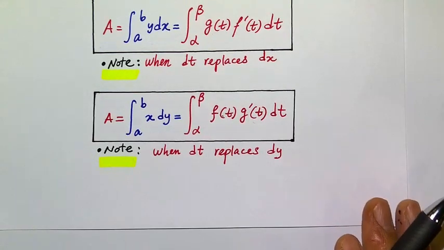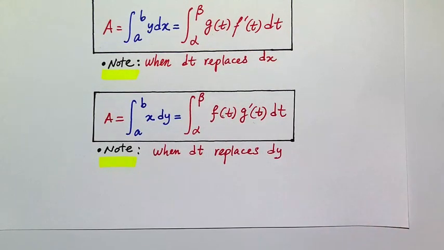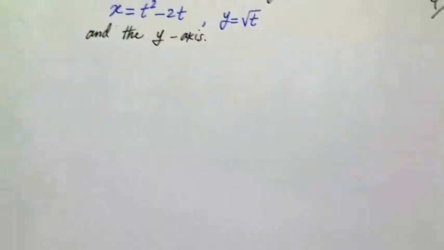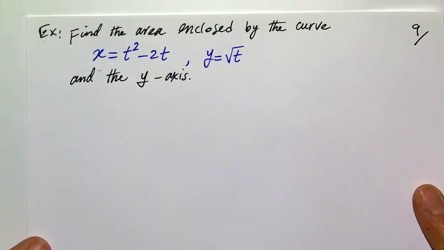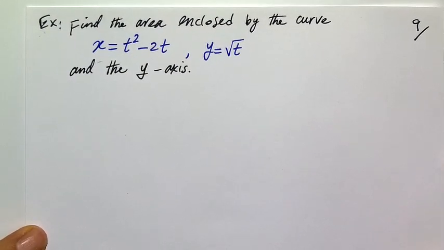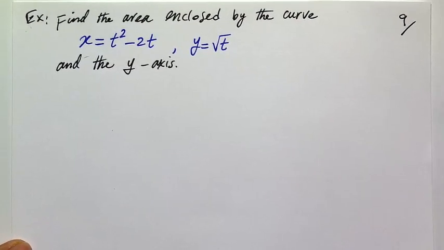Okay? Again, you don't really have to memorize these, but you want to know how to use them. That's all. Okay. So let's look at an example of applying this method to calculation of area for a curve for which we have parametric equations.